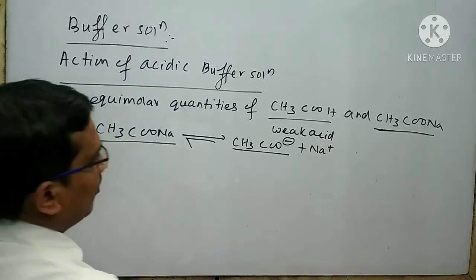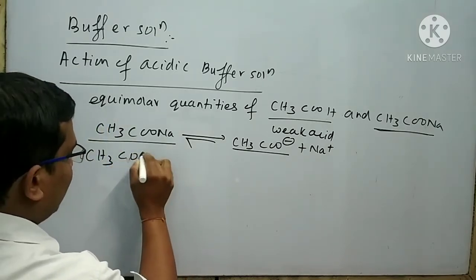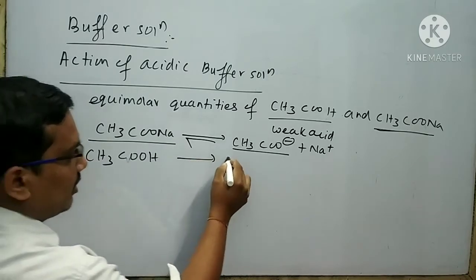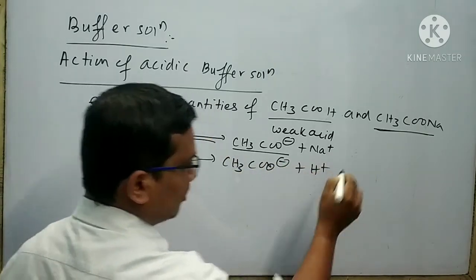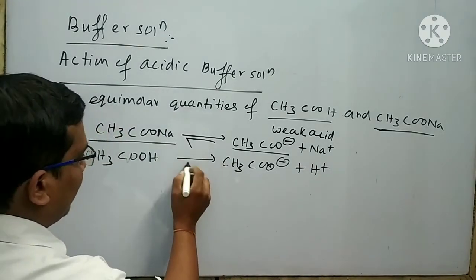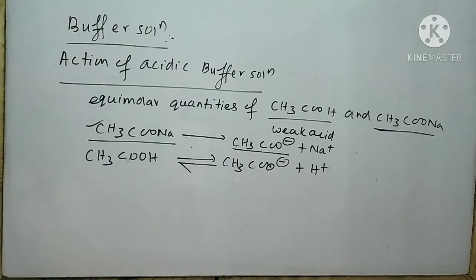Suppose I think about acetic acid. When acetic acid undergoes dissociation, it gives CH3COO minus plus H plus. Such type of reactions are generally reversible reactions, and this type of reaction is generally an irreversible reaction.